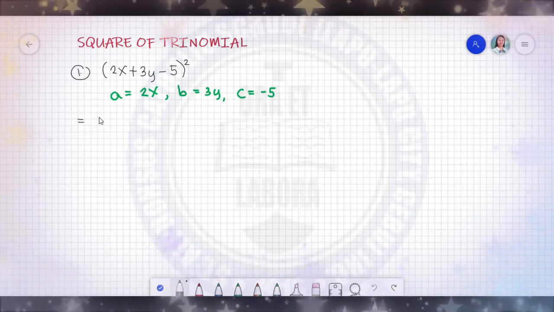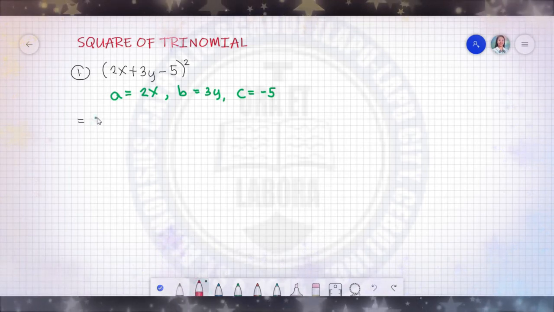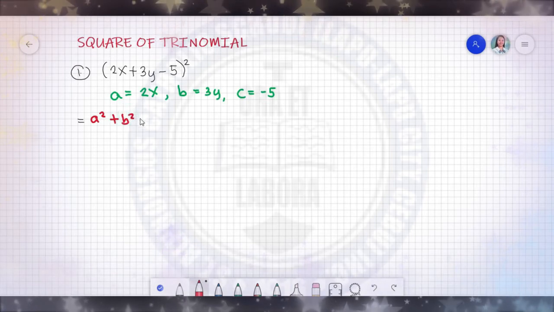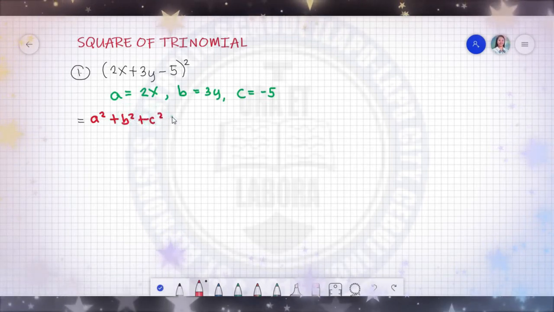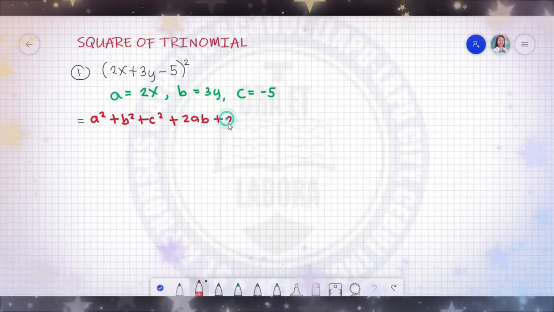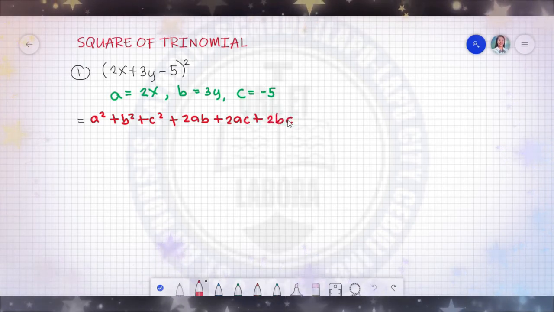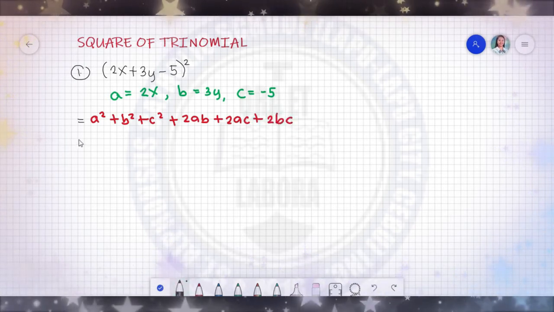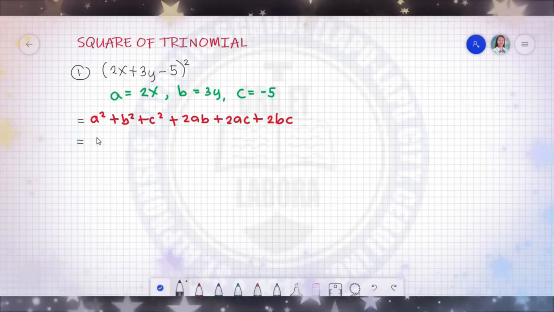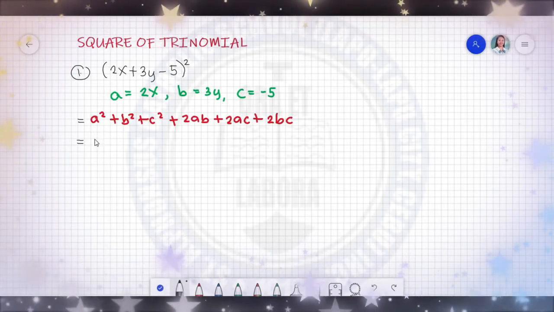The pattern for square of trinomial is a squared plus b squared plus c squared plus 2ab plus 2ac plus 2bc. If you're just going to use the pattern, then there's nothing that will go wrong. This time, substitute a, b, c to the given.